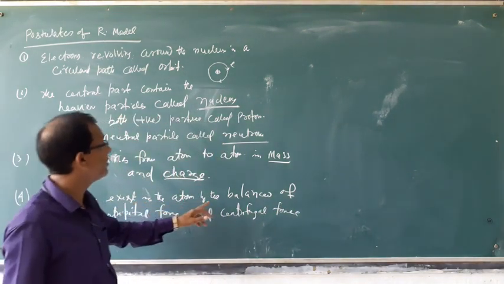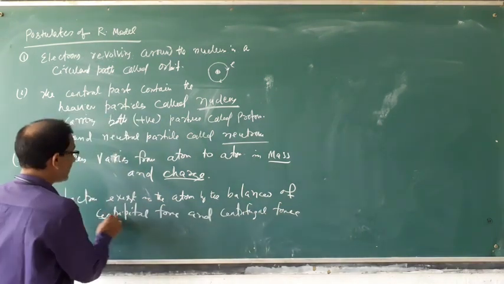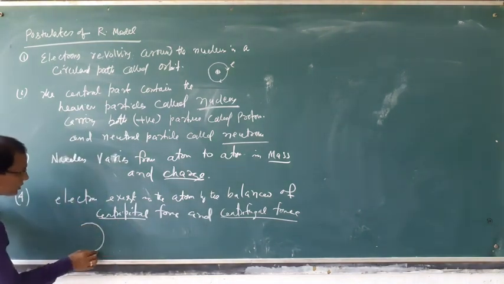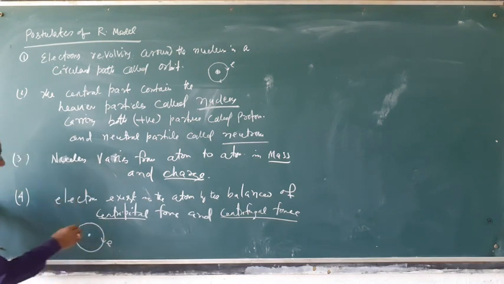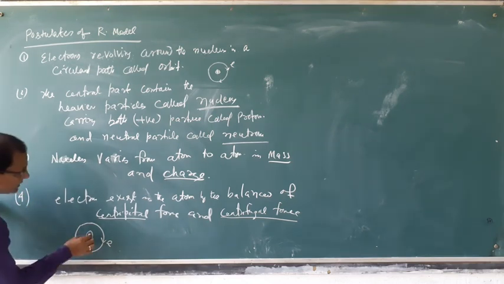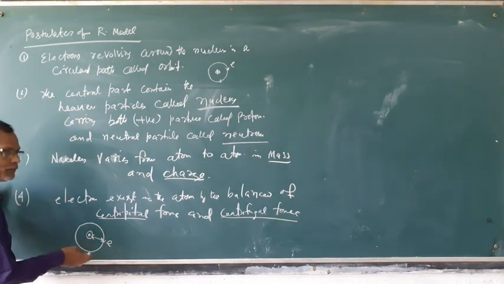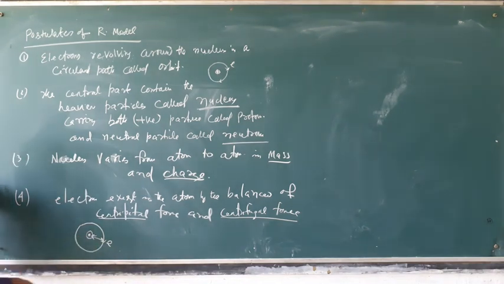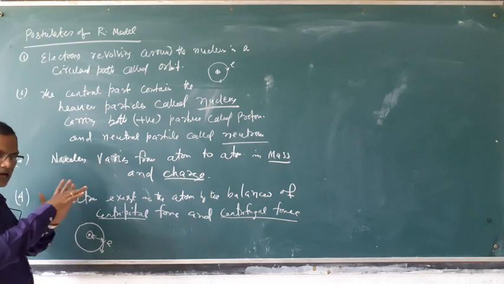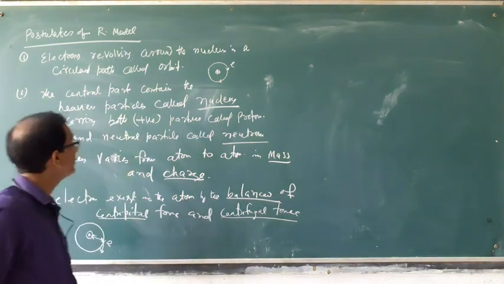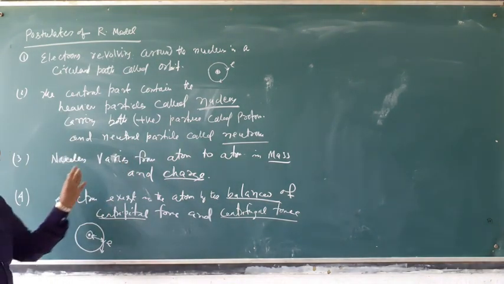That means as the electron revolves around the nucleus in a circular path, this force is balanced. Centripetal force is always inward and centrifugal force always outward. So inward force and outward force remain the same, balanced, resulting in the existence of the electron inside the atom.